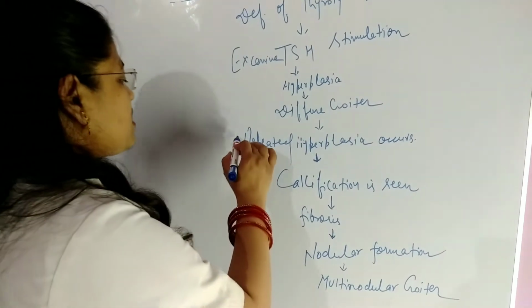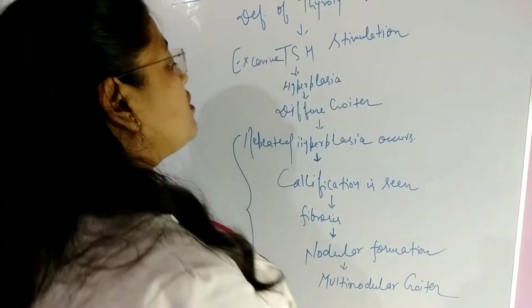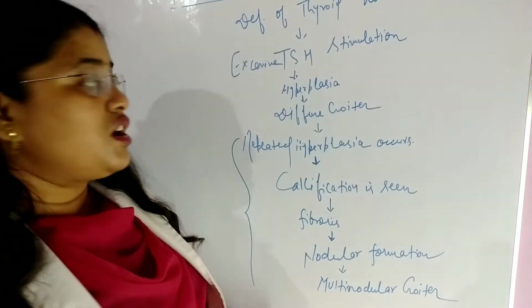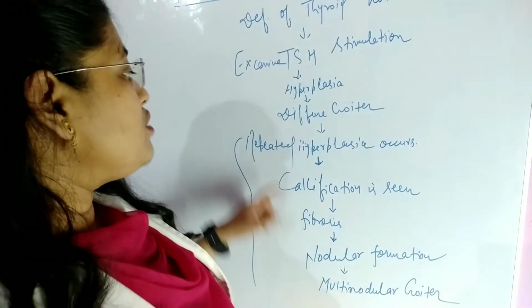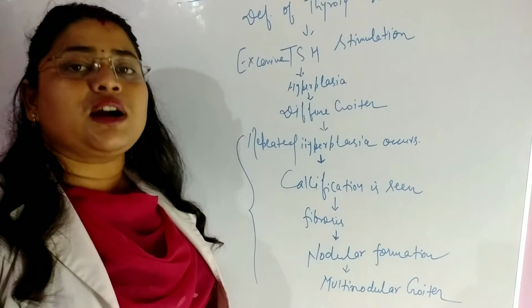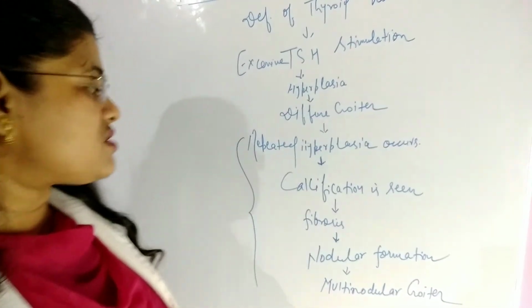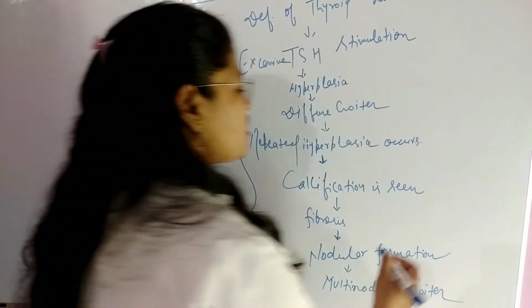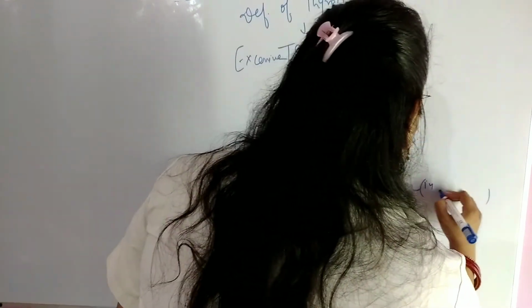So these are the steps which are not included in case of diffuse goiter. So diffuse goiter plus repeated hyperplasia plus fibrosis plus calcification, and this calcification is seen in some patients only.